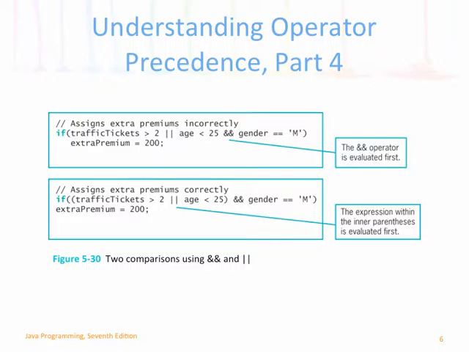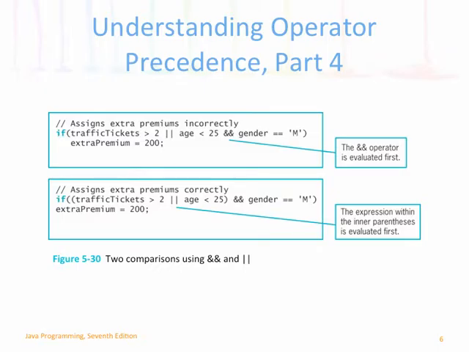If we want to only assign the extra premium if they're under 25 or they have more than 2 traffic tickets, and they're male, if those are the times that we want to assign extra premiums, we do need to put parentheses around that or expression, so it will happen first.